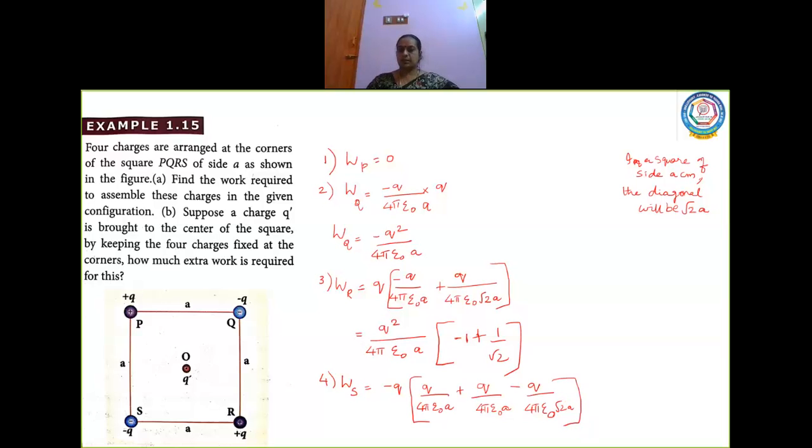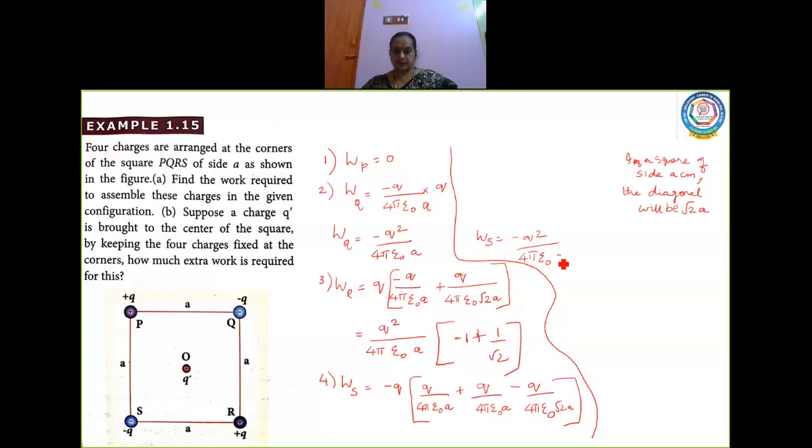So take all the common terms outside. Let me draw a line. So common term outside, so I have W_S equal to, common terms, when you take outside, you will have q to come outside. So you have q squared here. q squared by, bring all a outside.